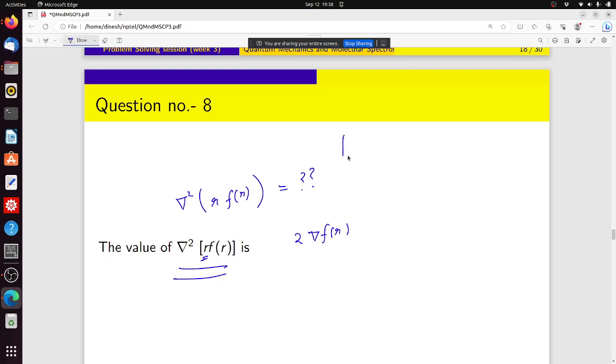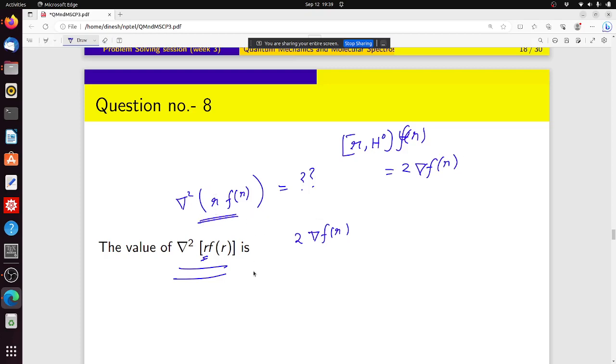You were saying this commutation relation acting on f of r, that will give you 2 del f of r. This will give you something else. Let's try this.